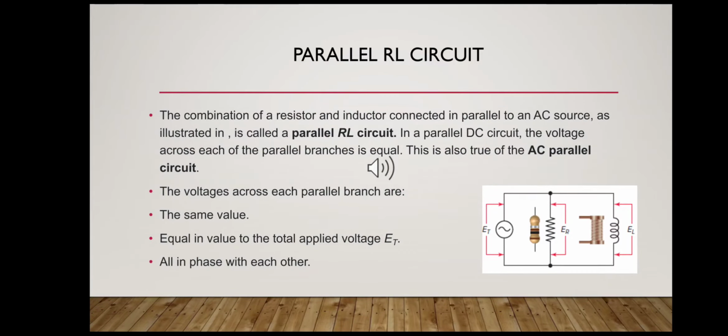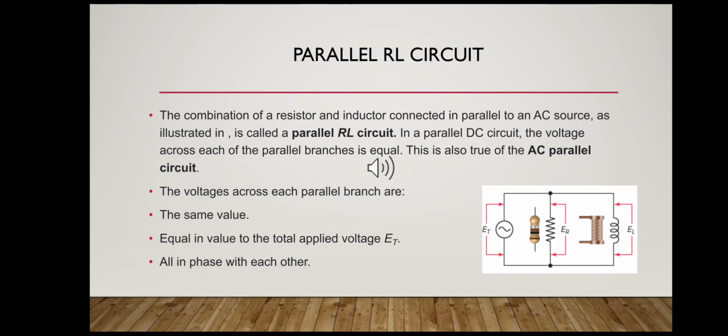Parallel RL circuit. The combination of a resistor and inductor connected in parallel to an AC source is called a parallel RL circuit. In a parallel DC circuit, the voltage across each of the parallel branches is equal.